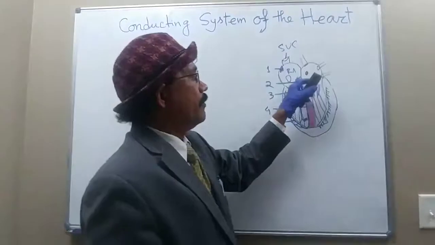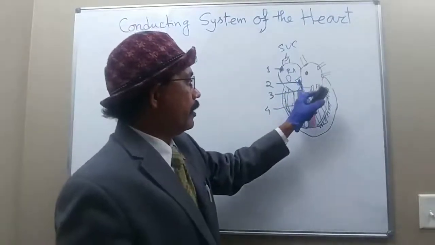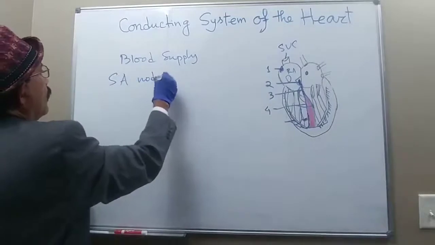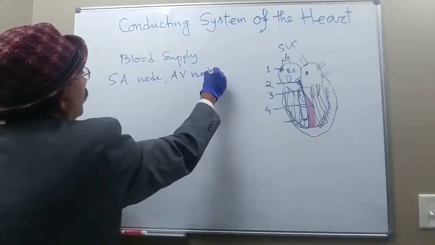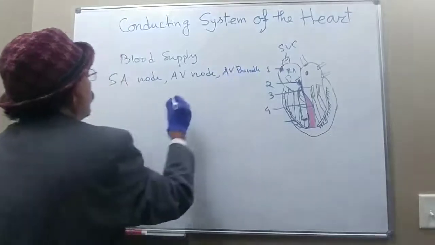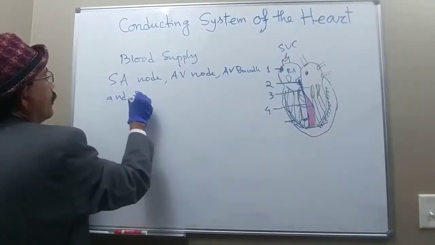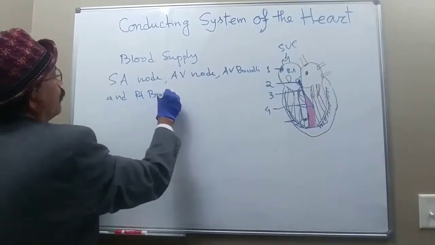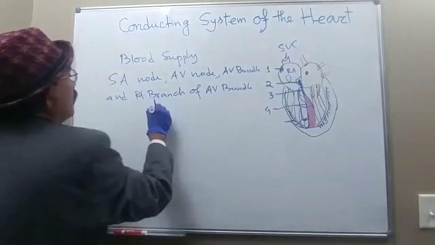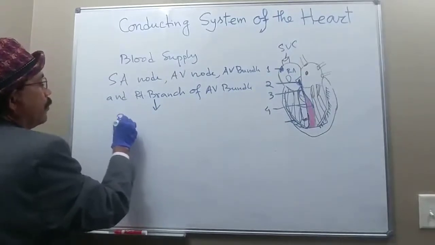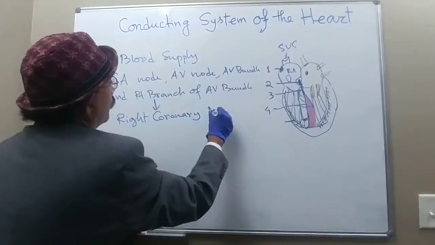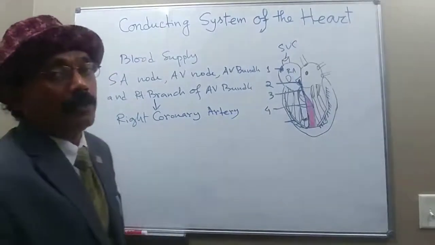The SA node, AV node, AV bundle, and also the right branch of the AV bundle are getting blood supply from the right coronary artery. It is a branch of the ascending aorta.